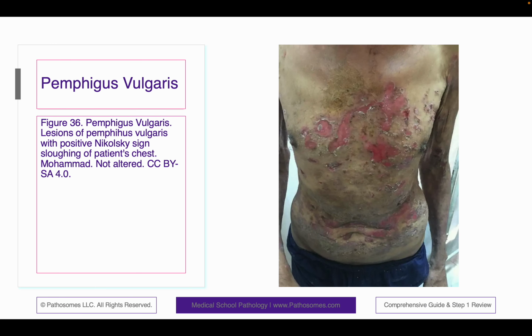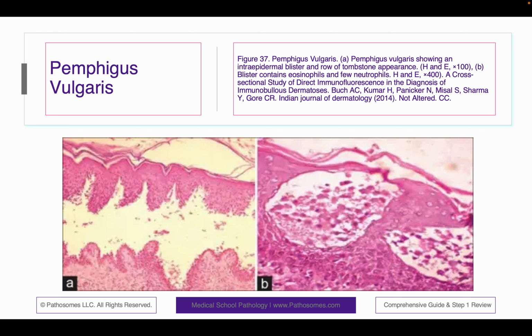Here we have a patient with Pemphigus vulgaris, and as you can tell, it has a positive Nikolsky sign. Here we have histology of Pemphigus vulgaris. In A, we can see the intraepidermal blister with row of tombstoning. And in B, we can see the eosinophils and a few neutrophils present within the blister.